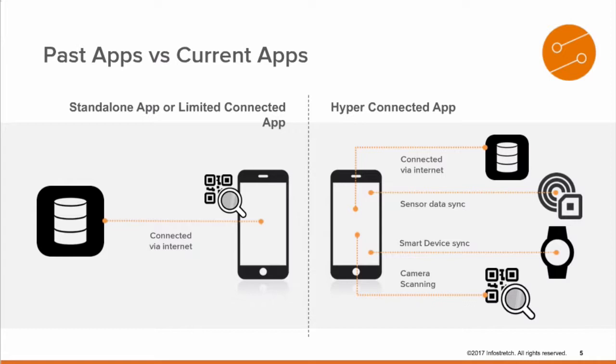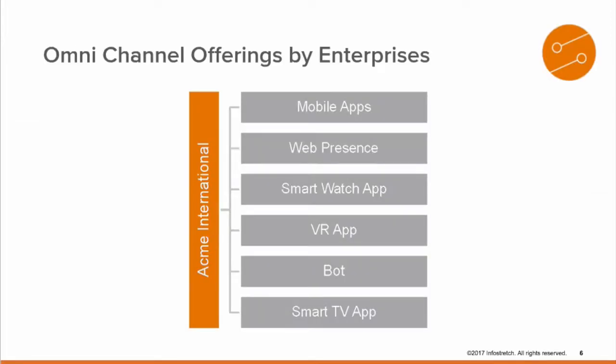So this new generation of connectivity, or hyper-connected apps, is bringing different challenges in terms of how we have to test and how we can create test automation around it. Now, everyone talks about omni-channel offerings. The majority of the enterprises we have seen have gone through mobile 2.0, 3.0, whatever we call it. They also have a traditional web presence, but at the same time they are now thinking of how to leverage use cases around smartwatch apps, and new generation technologies like virtual reality.